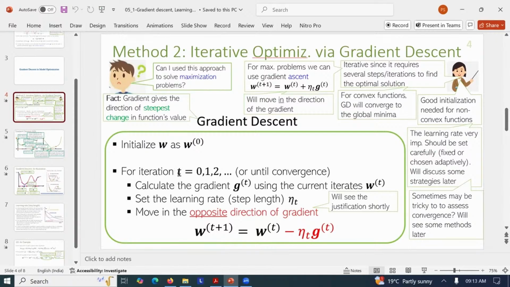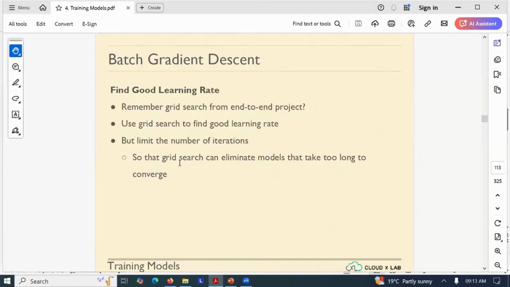The number of iterations is also a parameter, but this type of parameter we call hyperparameters, because the performance of this gradient descent depends on the number of iterations and the learning rate. So the learning rate and iterations are called the hyperparameters, right?